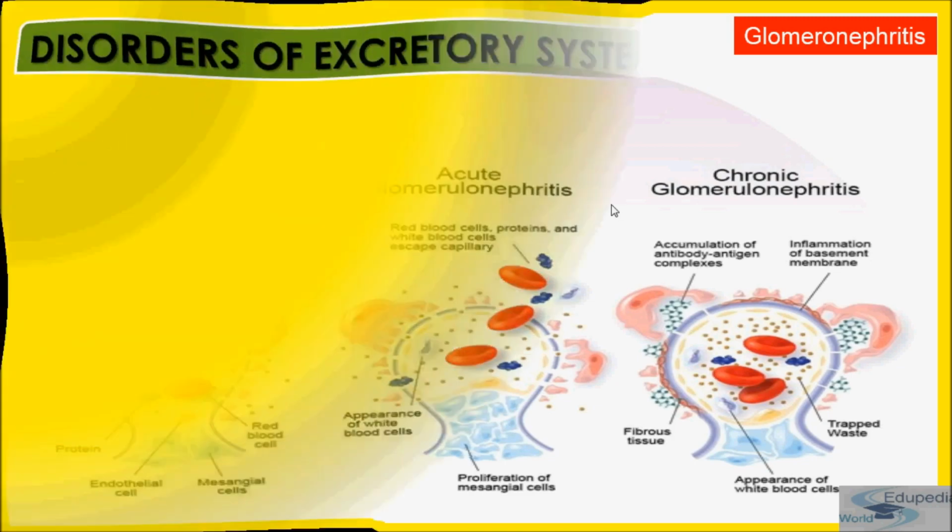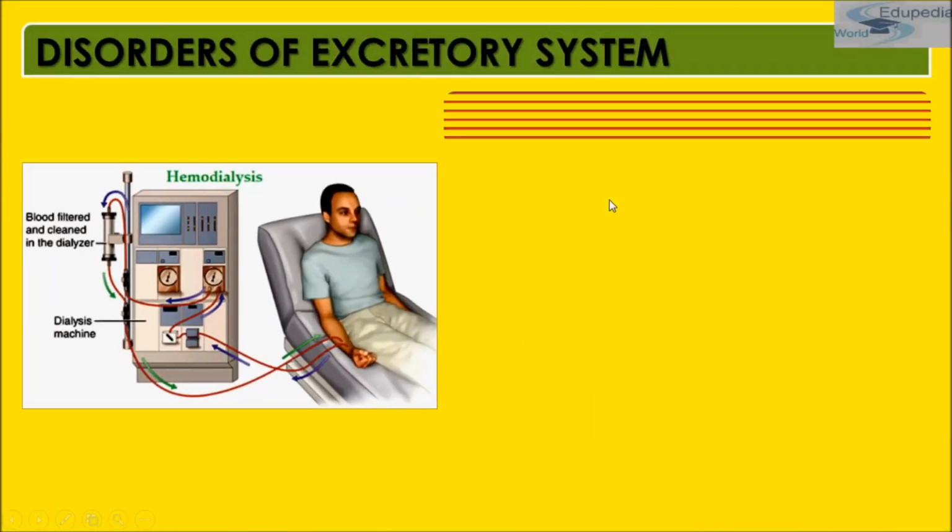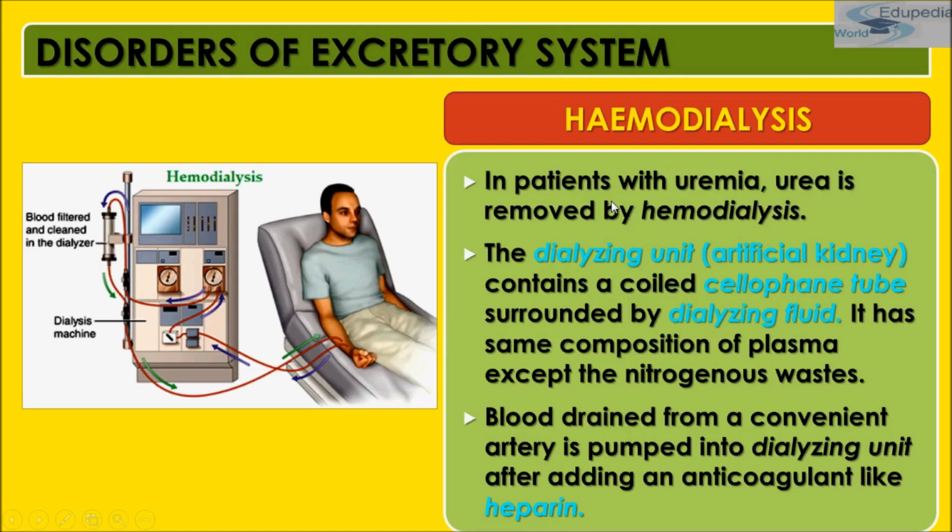Now coming on to hemodialysis. Hemodialysis in patients with uremia. Urea is removed by hemodialysis. Hem means blood, dia means through, and lysis means loosening, so dialysis, you can say, means dissolution.